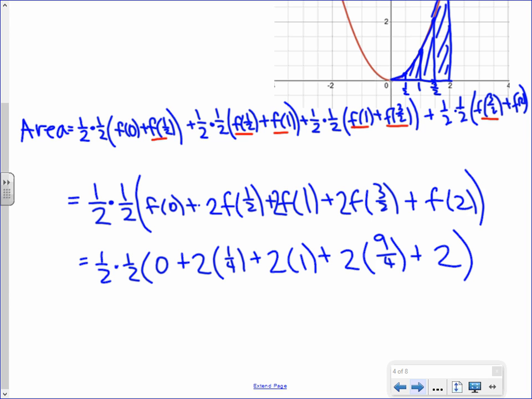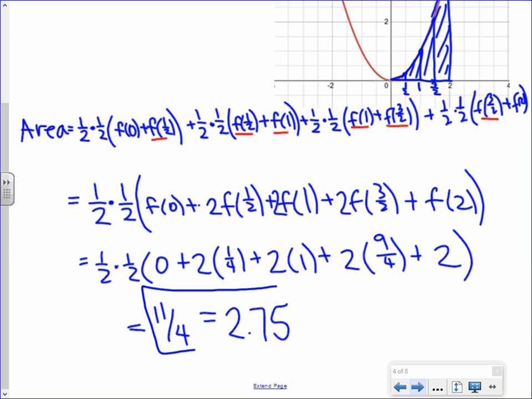We get those function values by plugging in the x to the function itself. In fraction form, 11/4, which is 2.75.